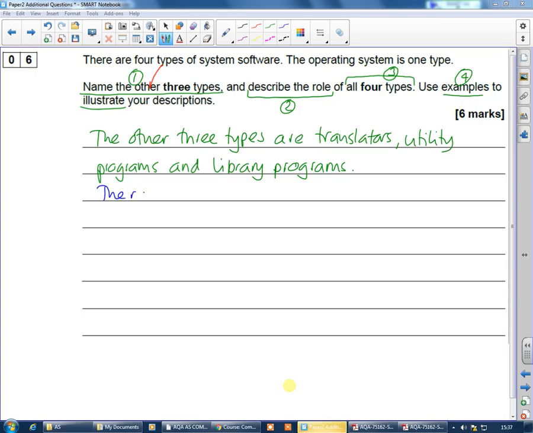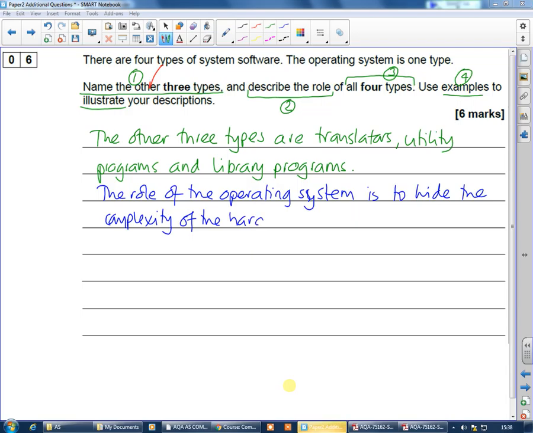So I'm going to say the role of the operating system, because that's the first one that was mentioned, is to hide the complexity of the hardware from the user and manage the resources.